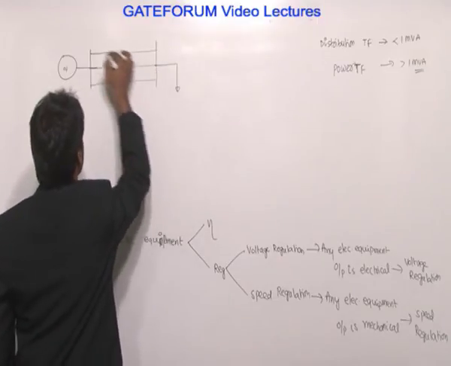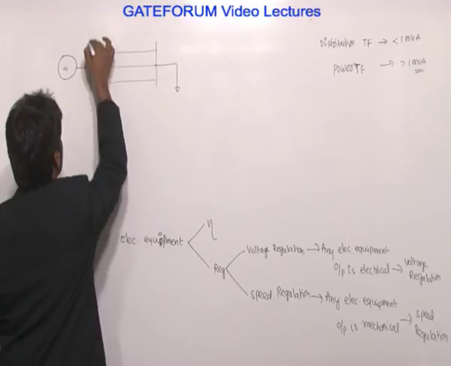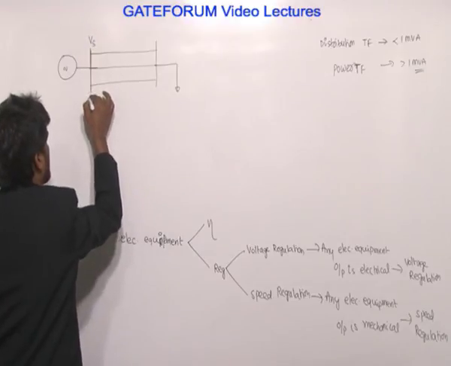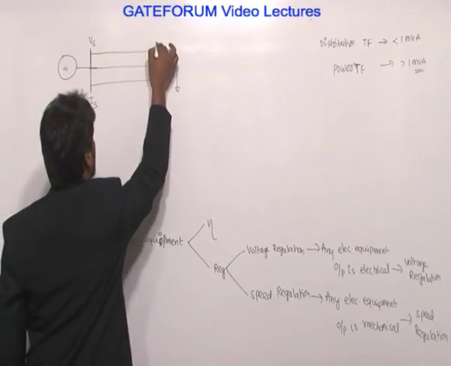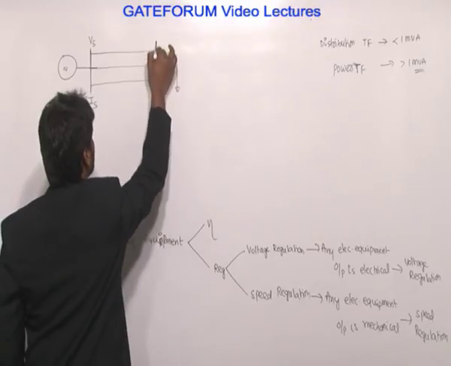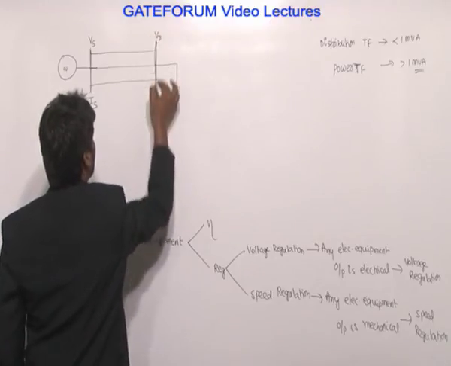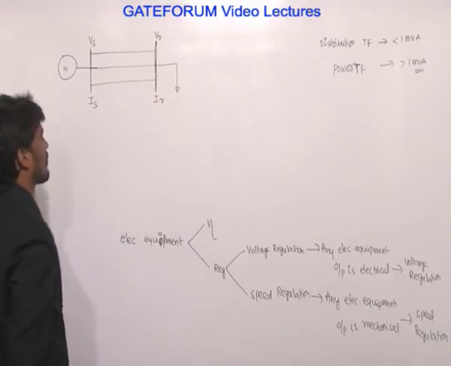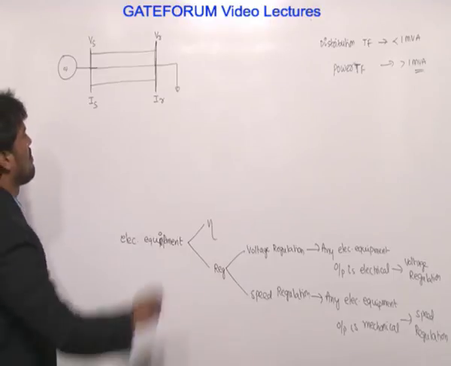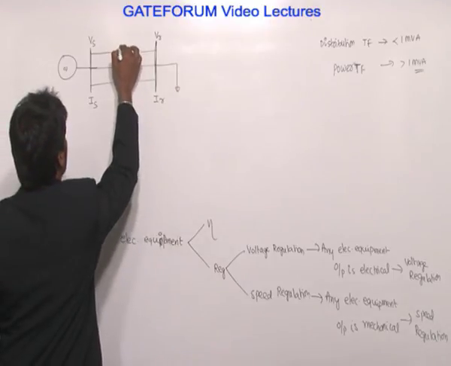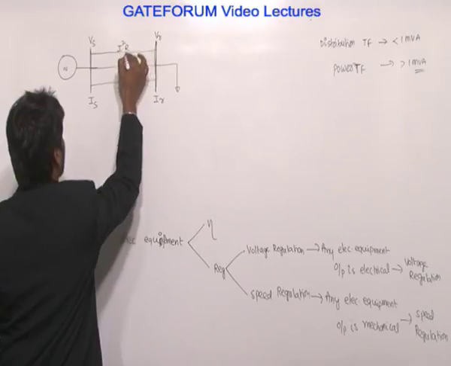This is the load point. Sending end VS IS, receiving end VR IR. Power loss in this line is I square R.